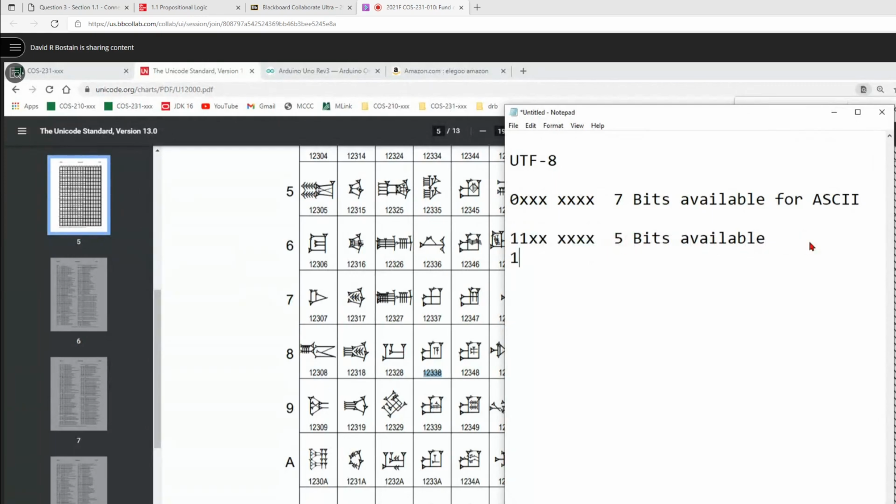And the next one will always look like this, starting with 1 0. And it'll always have 6 bits available. So that pair has a total of 11 bits available. So any Unicode character that you can encode in 11 bits or less, but not 7 or less, can be encoded in these 2 bytes.